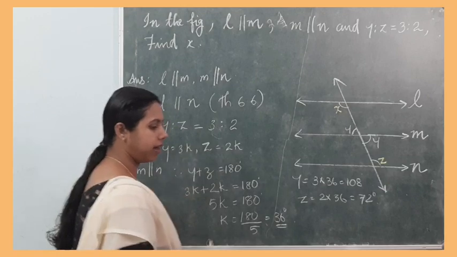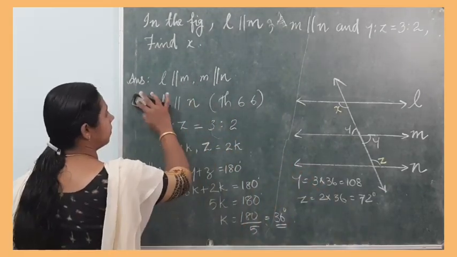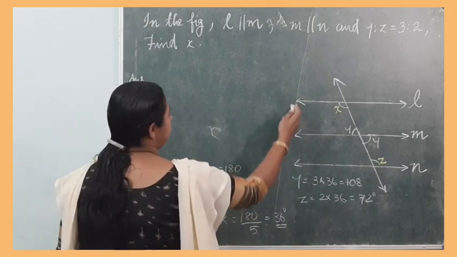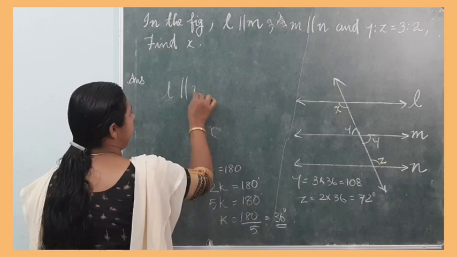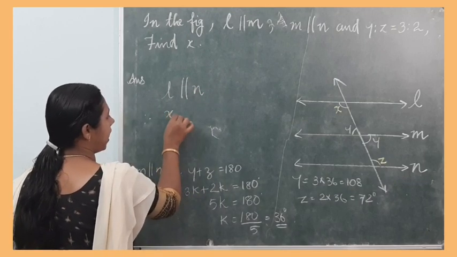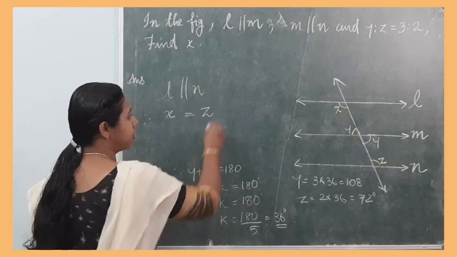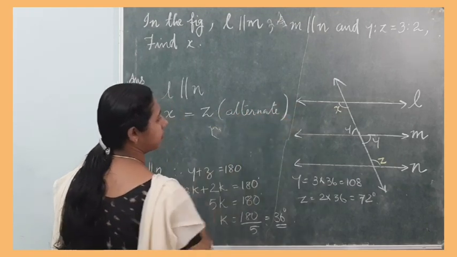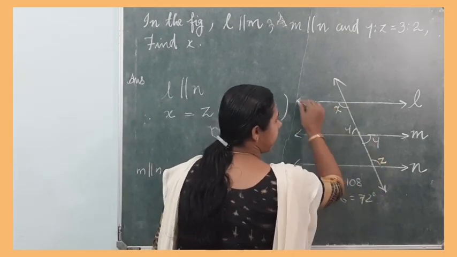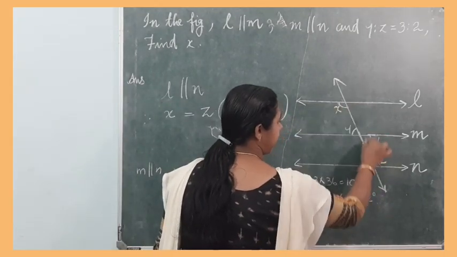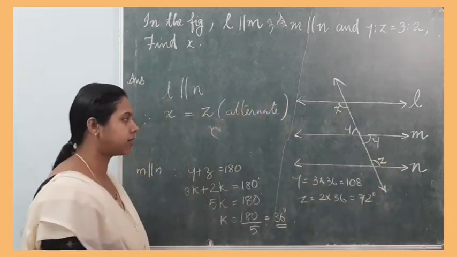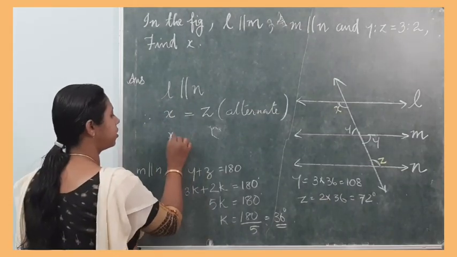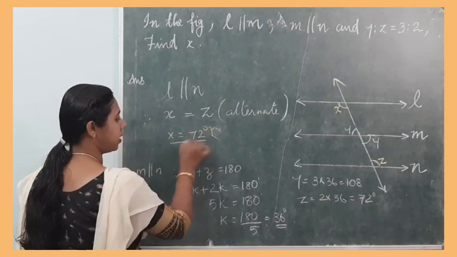So we can write that line L is parallel to line N, therefore angle X is equal to angle Z because they are alternate interior angles. This is the transversal and these two lines are parallel. Now we know the value of z is 72. So x is equal to 72 degrees.